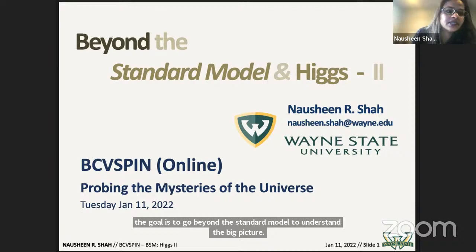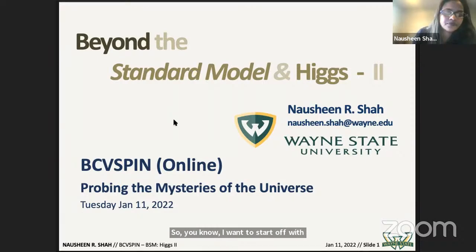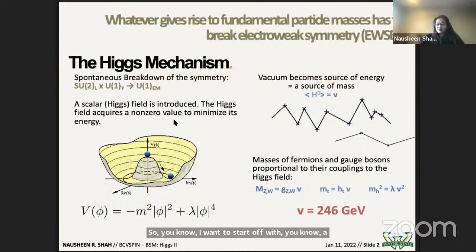So I want to start off with a reminder of the main picture that we have about the Higgs mechanism, which seems to underlie a lot of the structure that we see, this idea of symmetry breaking, which is what gives rise to all the fermion masses, the gauge boson masses, and also this weird mixing that happens between the different fermions as well.